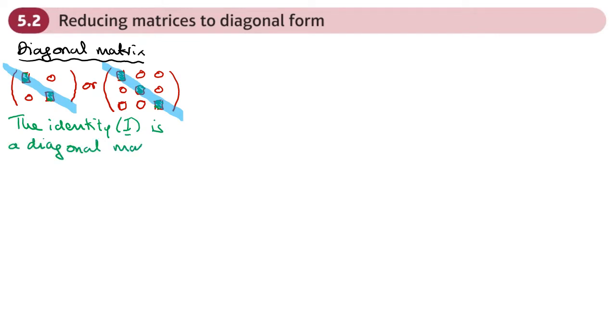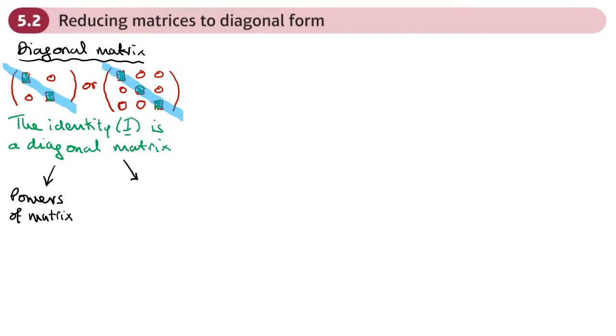Now you might be thinking, well, why do we need to do it? What's the point of changing or reducing the matrix to a diagonal matrix? Well, there are two applications, one which we'll use and one which is really beyond further maths that you may use at university. So one use is to find powers of a matrix, and when it's reduced to diagonal form, that's easy to do.